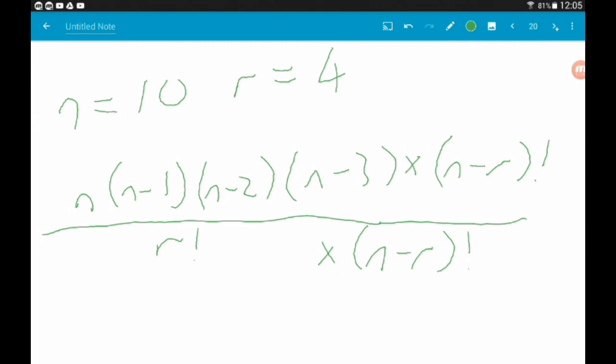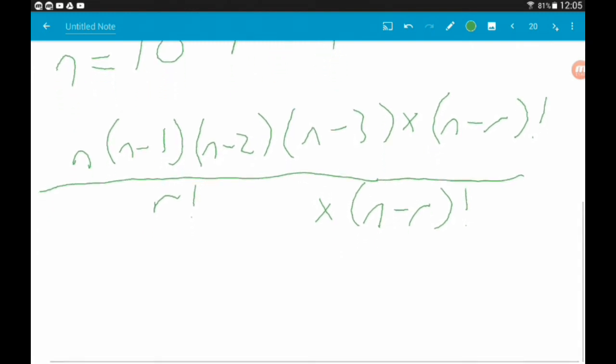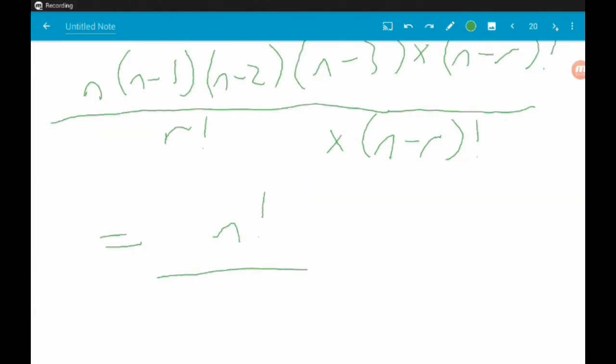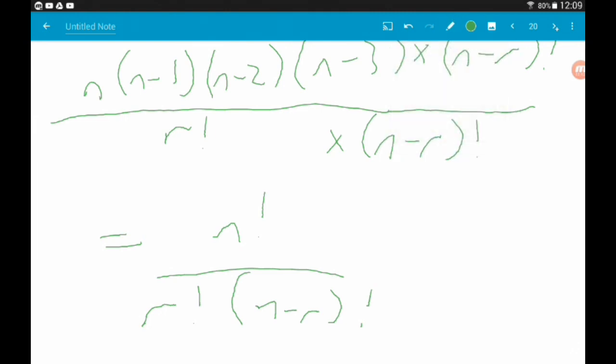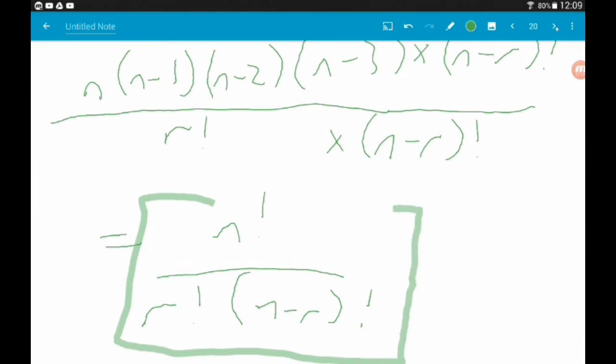So, that then gave us our formula, or our coefficient. It gave us n factorial on top, all over r factorial times n minus r all factorial. And that right there is the formula that we use to work out any coefficient of any powered expansion of 1 plus x to the power of n.